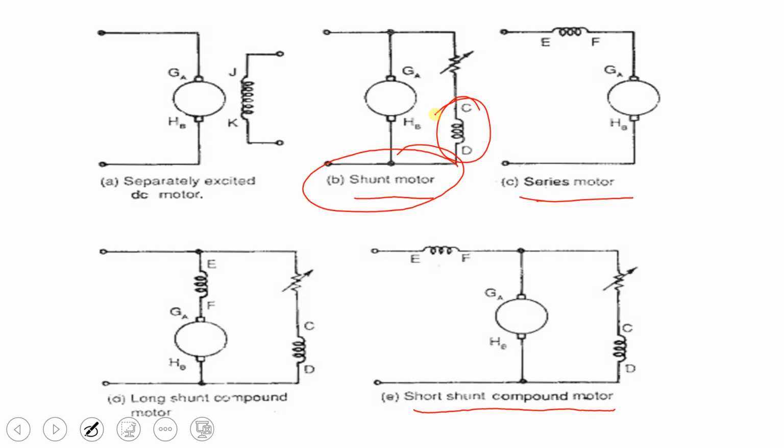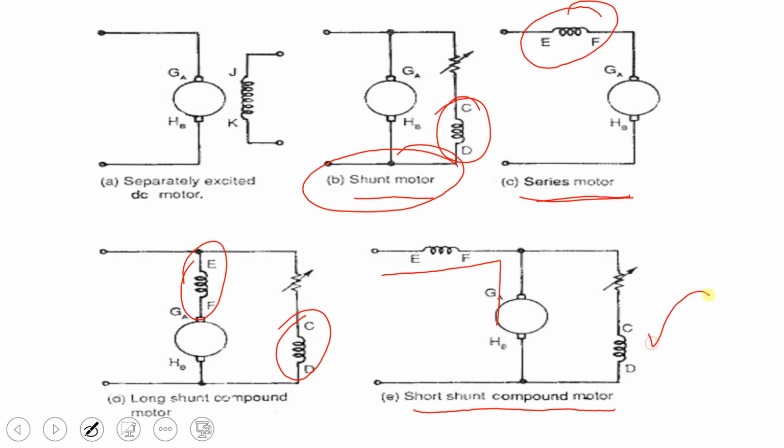In the series motor, it is connected in series with the armature, and in the long shunt compound, it is in series as well as in parallel. Here it is the short shunt compound, in series with this and in parallel with this. There are different connections for the long shunt compound and short shunt compound, but we are concentrating on the shunt motor and series motor only.